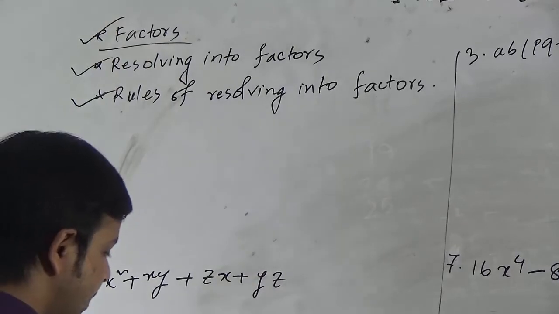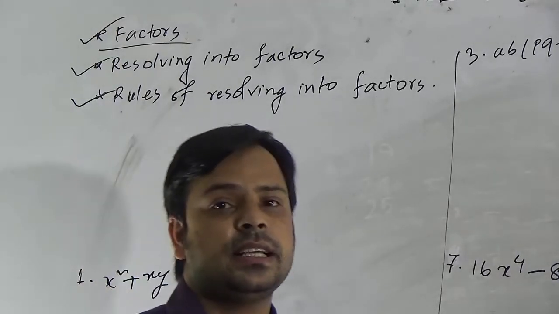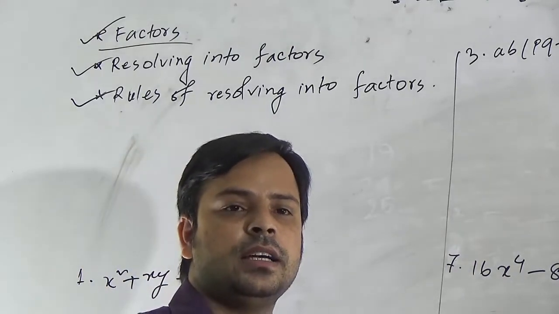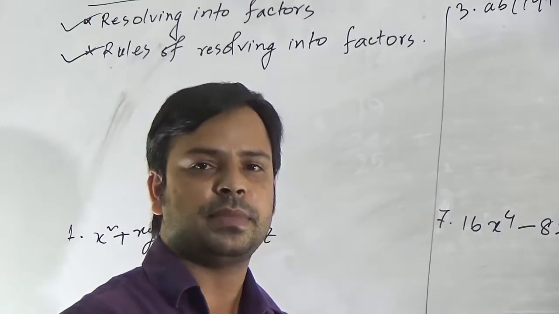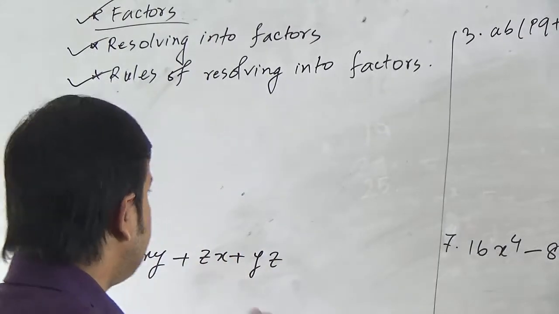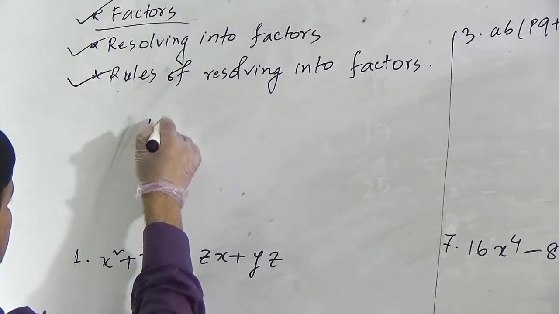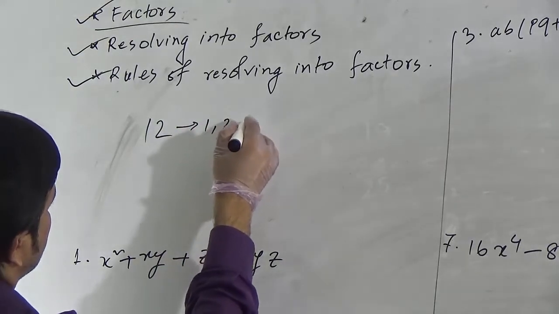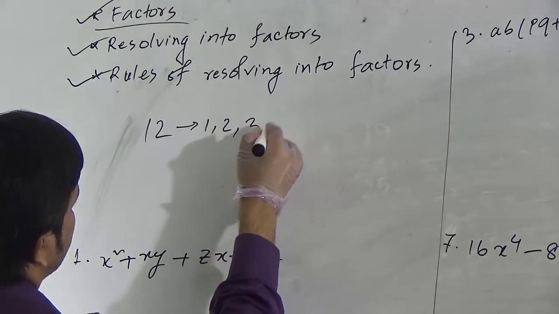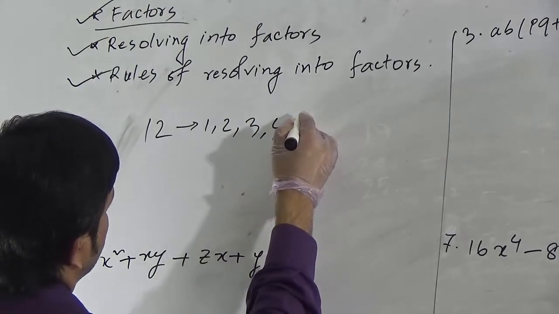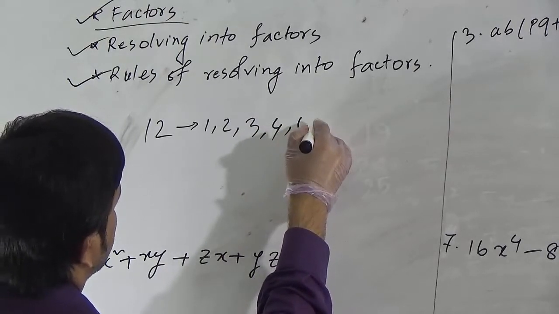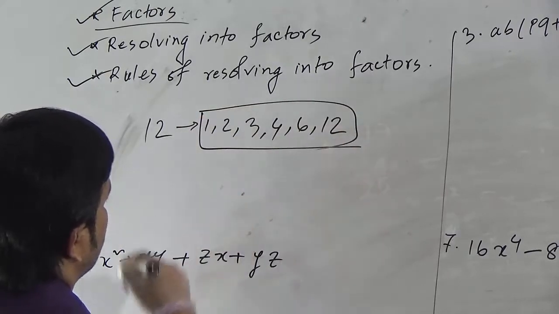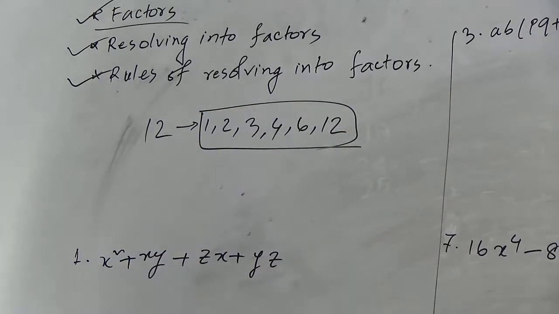Dear students, in arithmetic, factor means a number which can divide a number. That is called factor. Suppose 12 is a number, we can divide 12 by 1, 2, 3, 4, 6 and 12. All these numbers are the factors of 12.